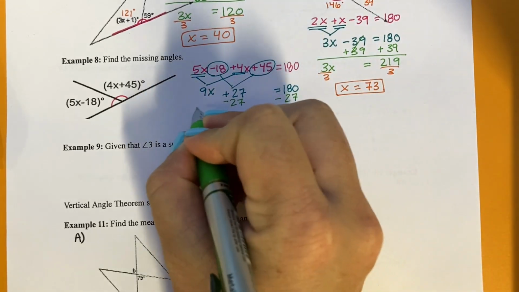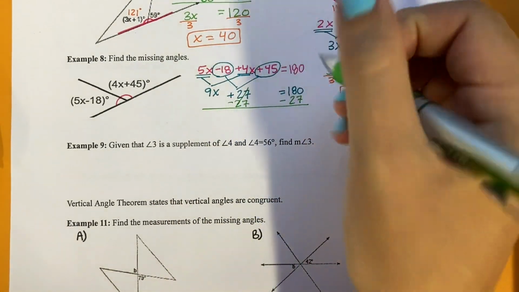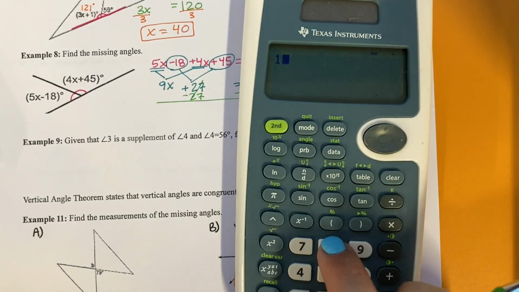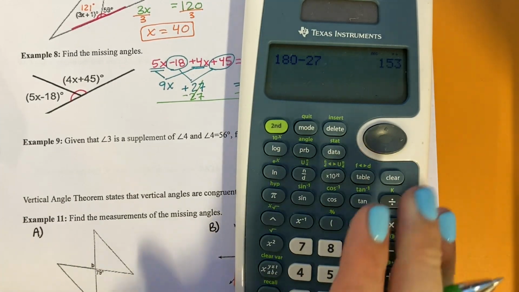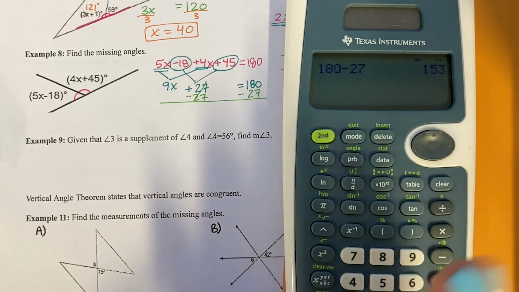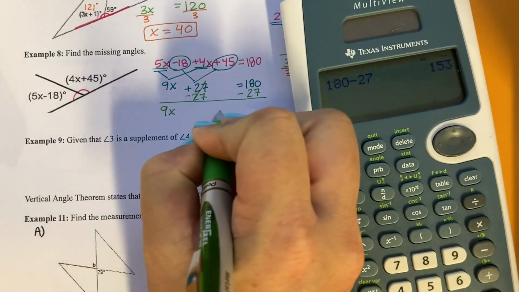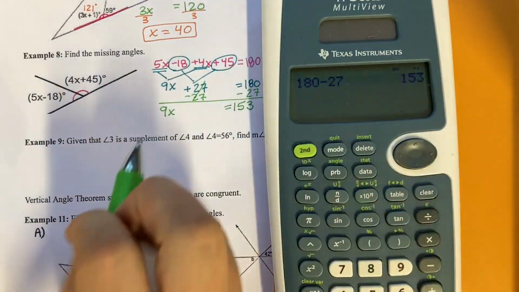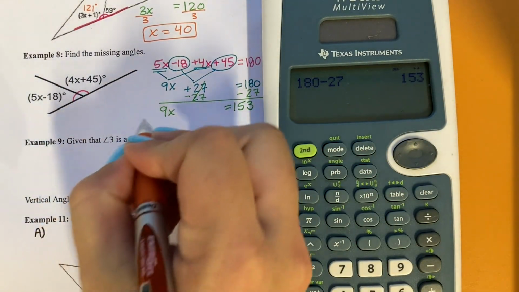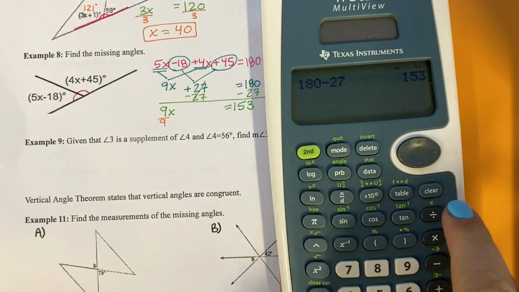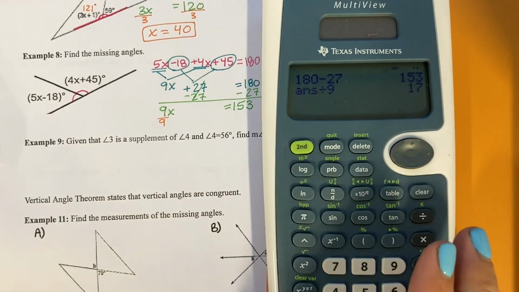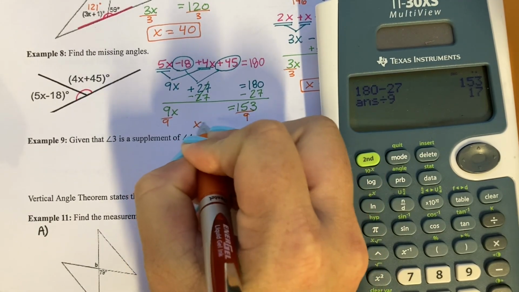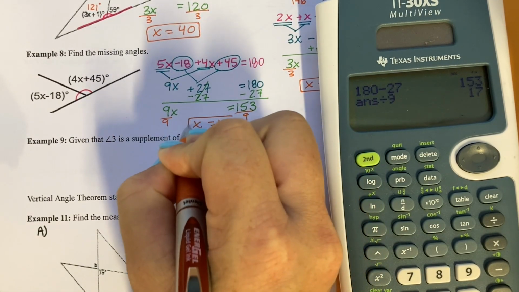Subtract the 27. So we would do 180 minus the 27 is our 153. And then we would divide the 9 off of the x. Divide our answer by 9. X equals 17.